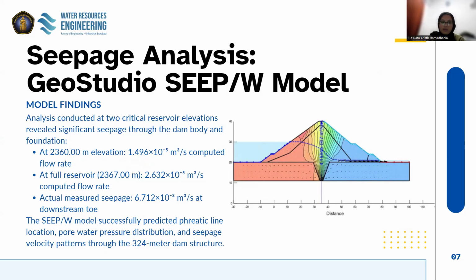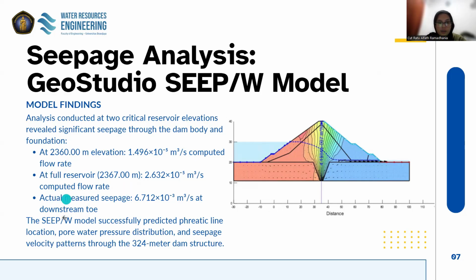This is the computed flow rate at the full reservoir, with an elevation of about 2,367 meters. The result is 2.632 times 10 to the power of minus 5 cubic meters per second computed flow rate.